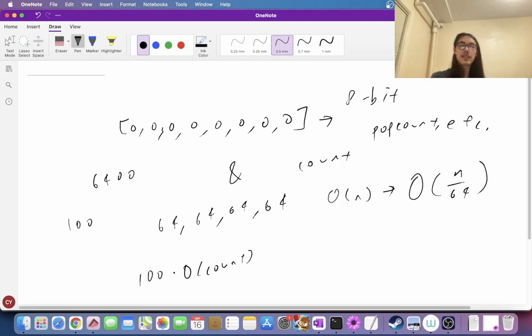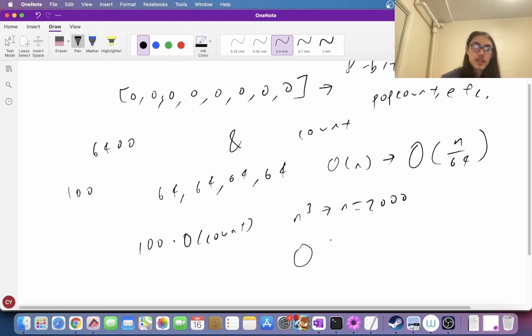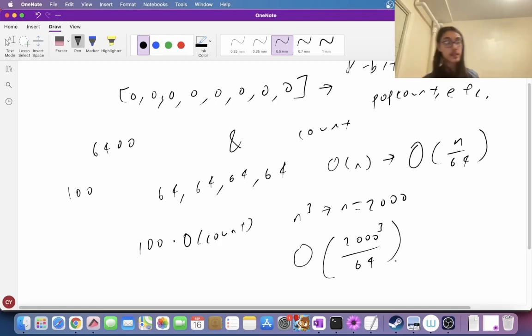The bitwise AND will do 64 operations at once. The pop count will do 64 operations at once every single time, so we only have to do 1/64th of them. And that's the idea of bitsets. So for example, if we have a problem that's O of n cubed with n equals 2000, it would suffice to have something like O of 2000 cubed over 64 using a bitset. That would work.